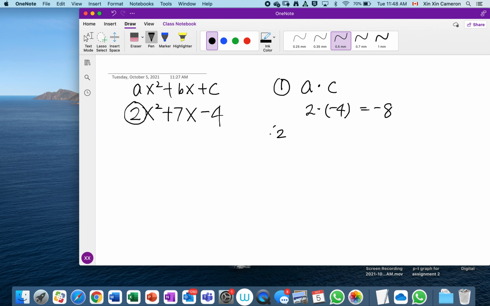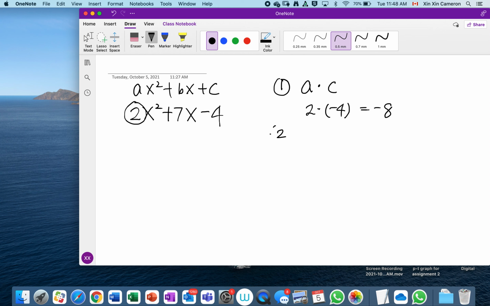So break this -8 into two factors. Let's see how we can break -8 into two factors so we can come up with a +7. So let's try this. It could be 1 and -8 or -1 and +8.